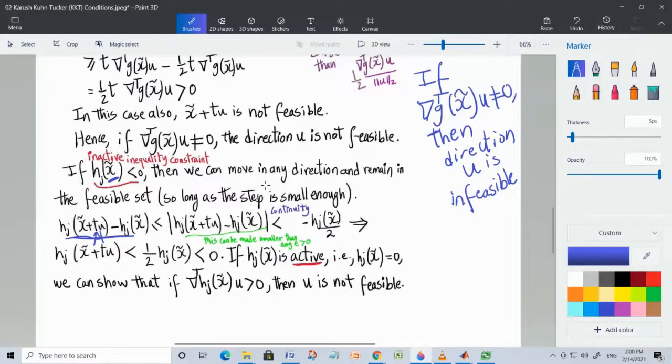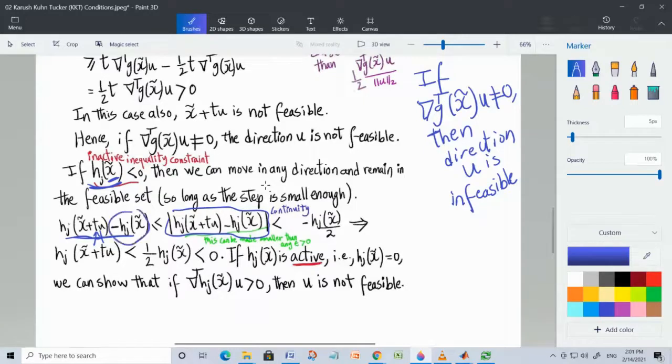And so this is upper bounded by the absolute value, which, because of continuity, can be made as small as we wish. We can make this difference less than any positive quantity of our choice. And because hj of x tilde is negative, I can choose to make this distance less than minus hj of x tilde over 2.